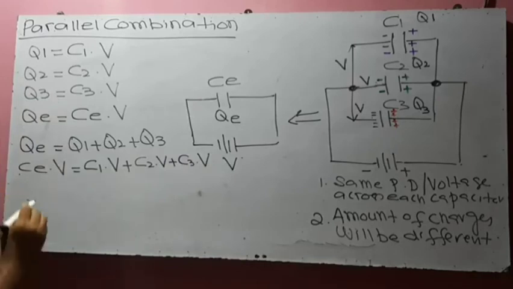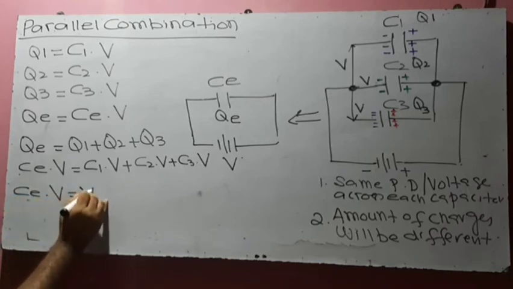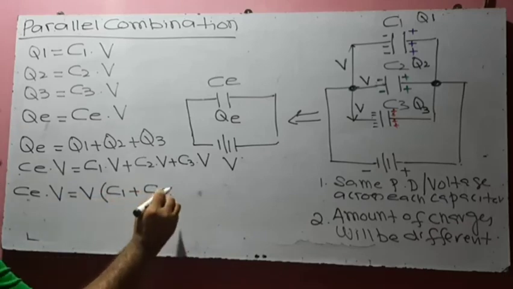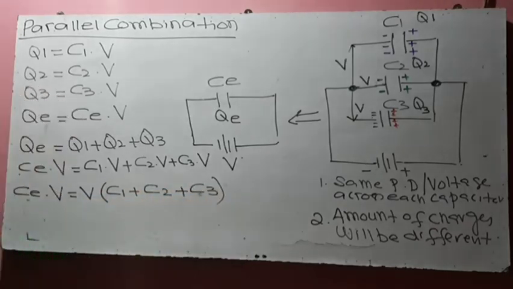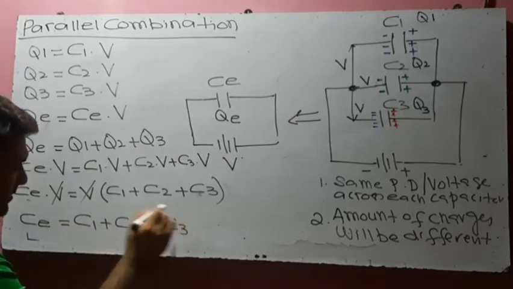V is common. So CE into V is equal to V into C1 plus C2 plus C3. So what will be the next step? Yes, the V will be cancelled. So the equivalent capacitance CE is equal to C1 plus C2 plus C3.